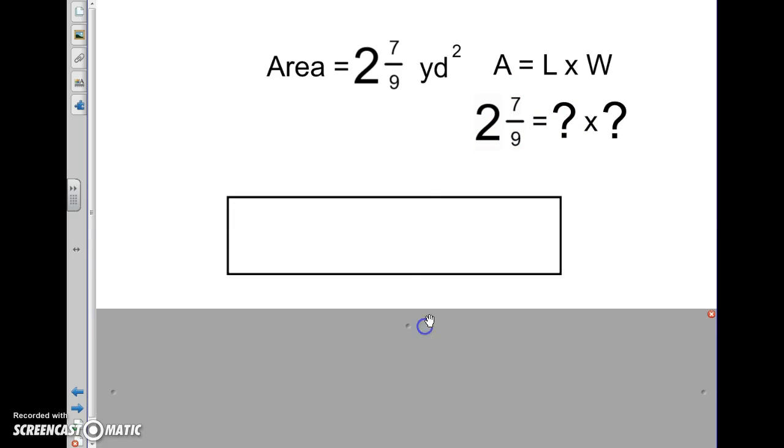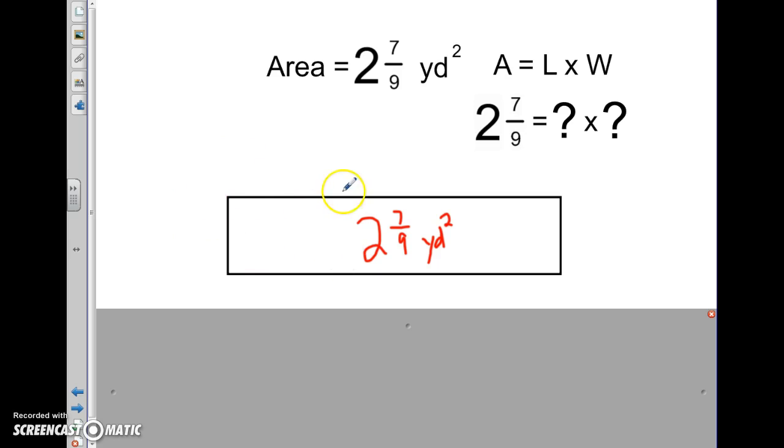So here's his. We know that Jack's garden is going to be 2 7/9 yards squared for the area. We just need a number here and a number here that when multiplied together will give us that product. So something I know about the identity property is that any number times 1 will give you a product of itself.